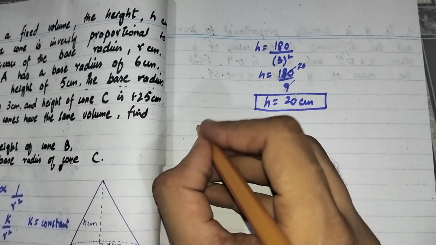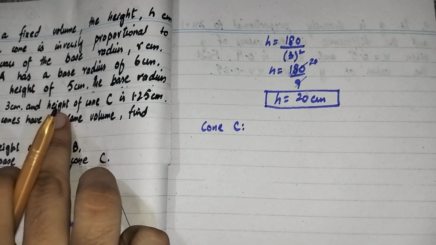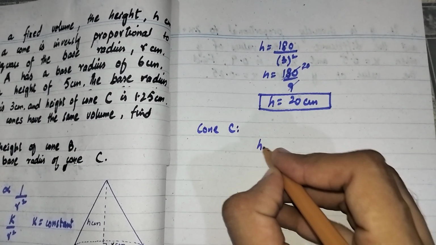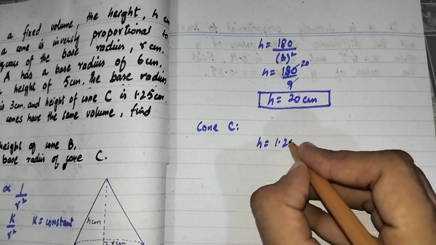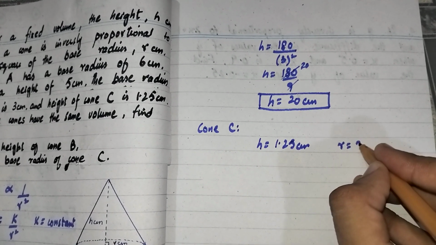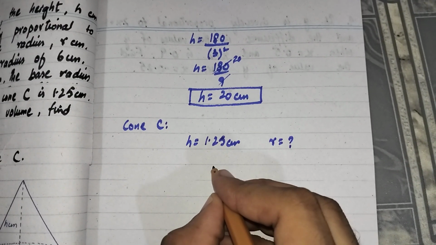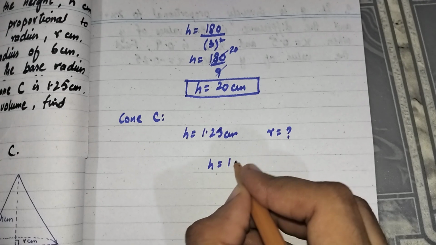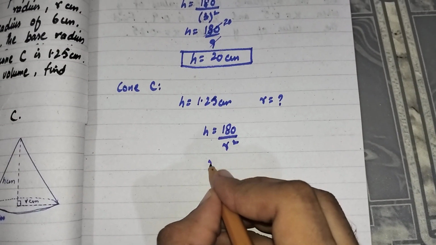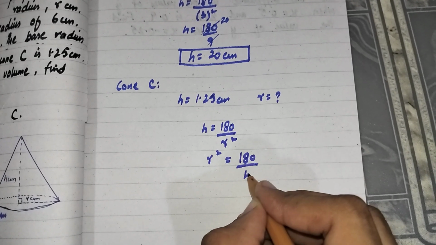Now for the cone C, the height of the cone C is given as 1.25 centimeter, and we have to find the base radius of the cone. Using the equation, h is equal to 180 upon r square. We have to find the radius, so r square is equal to 180 upon h.